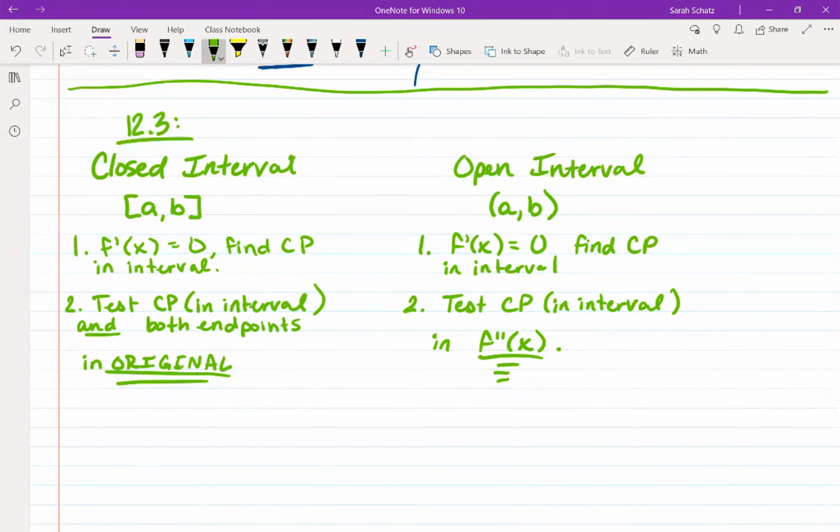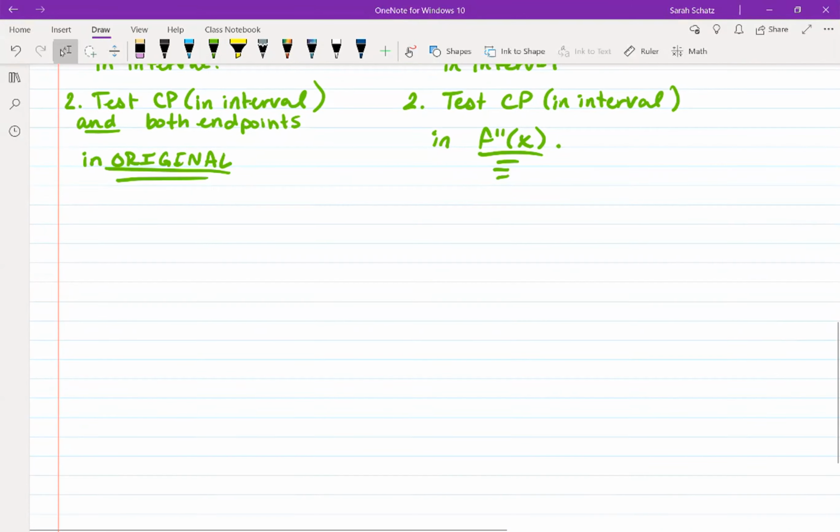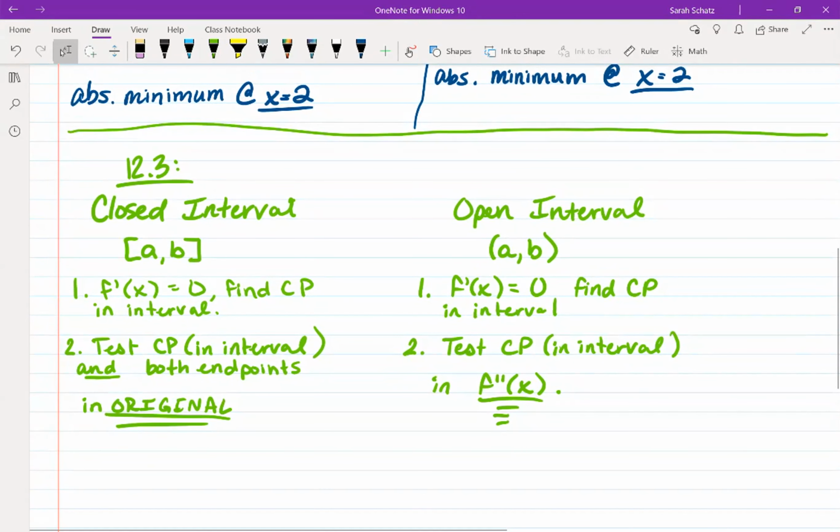But I would like to talk about what I'm going to do on Friday. On Friday, we are not moving on to another section. We are going to do applications of these first 3 sections. I'm going to show you how to read through the problem and decide which method you're using.